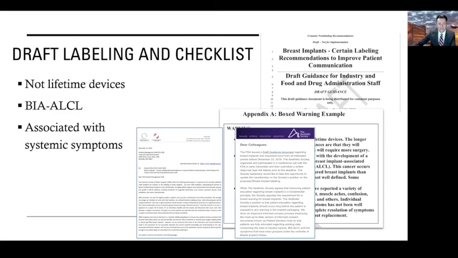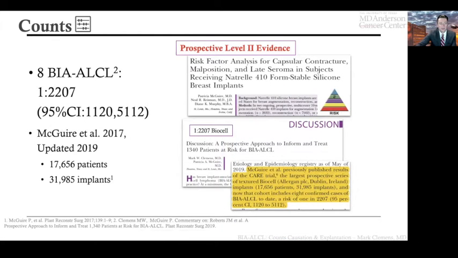They also warn of the risk of breast implant ALCL, as well as the possible association with systemic symptoms. We talked about the risk of breast implant ALCL, and I also want to point out that the risk of breast implant ALCL with Allergan has been shown to be a risk of about 1 in 2,200 for Allergan BioCell textured implants.